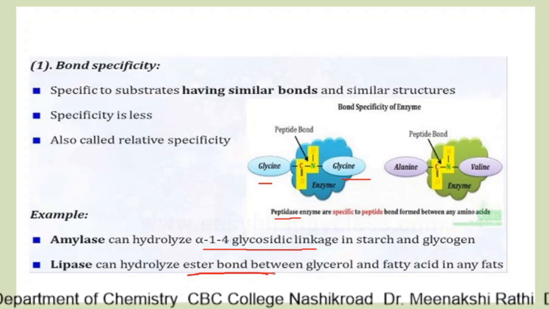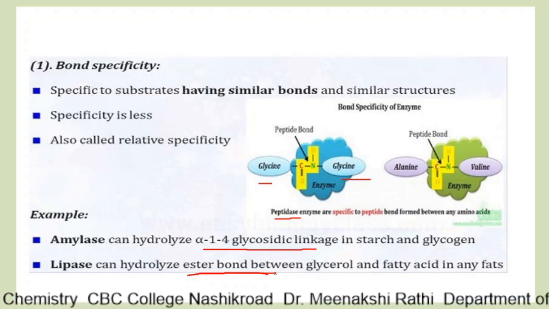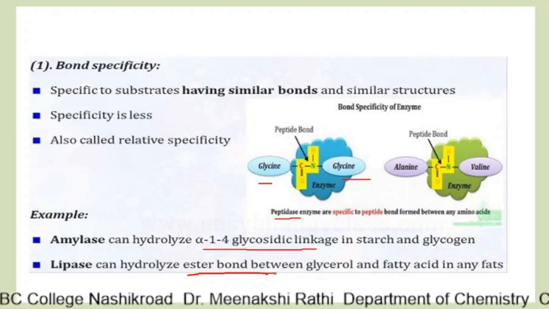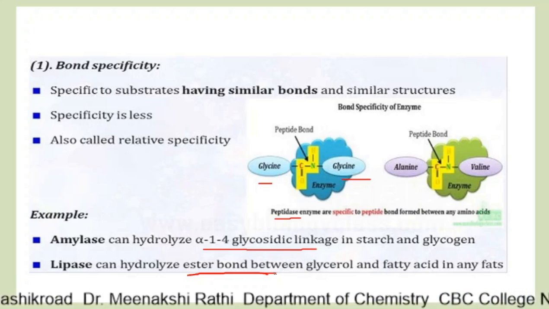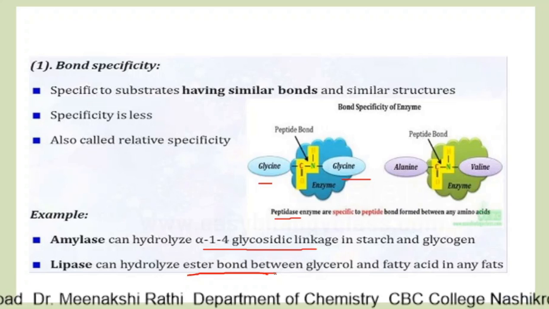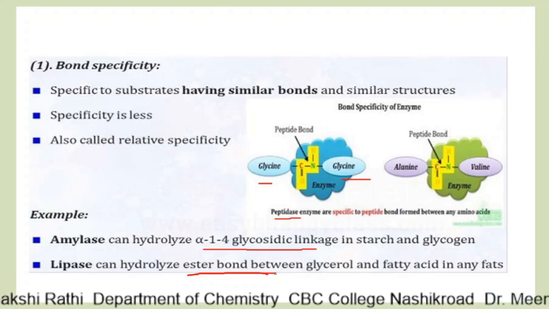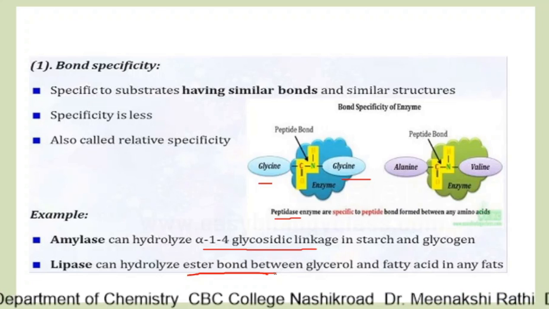If an ester bond is present between glycerol and fatty acid, then only it can catalyze those lipids. So peptidase, amylase, lipase, these enzymes show bond specificity because their catalytic activity is based on the bonds.